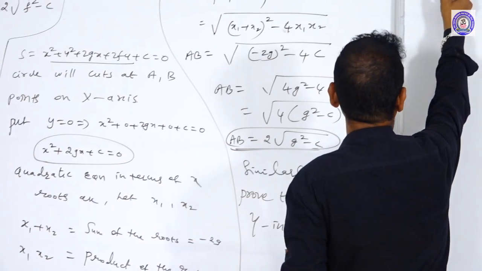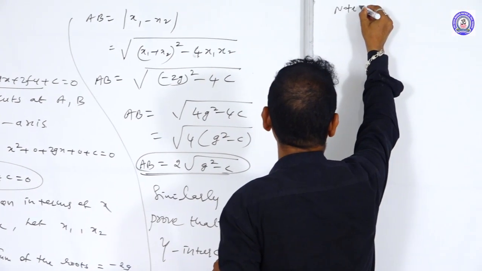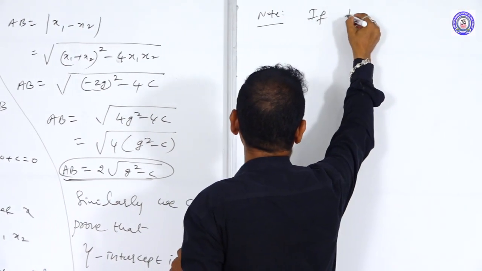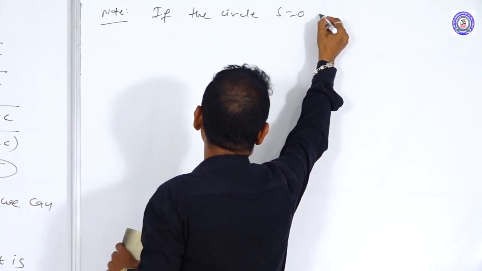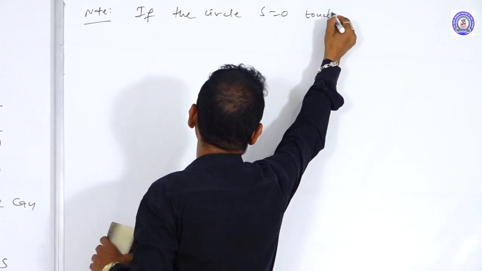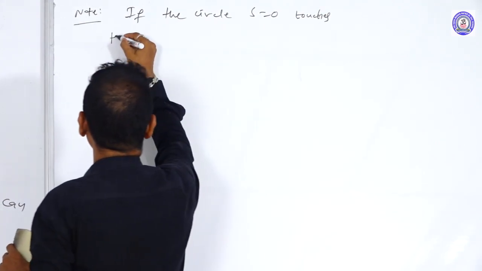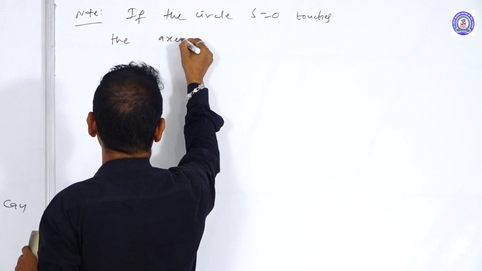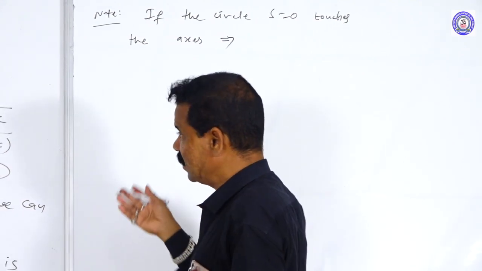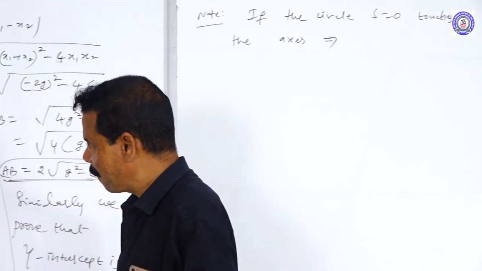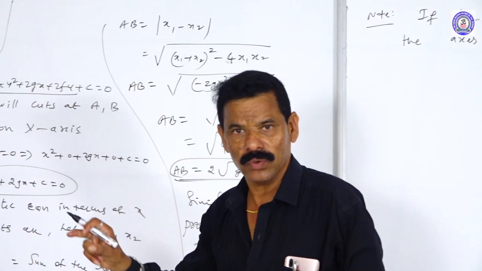After that, another note: if the circle S is equal to 0 touches the x-axis, then the condition for touching the x-axis means the intercept value is 0.